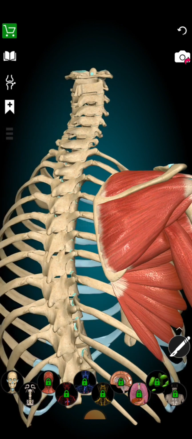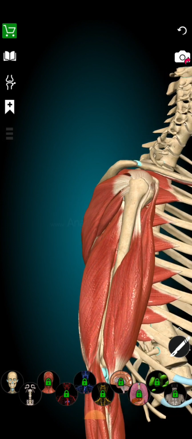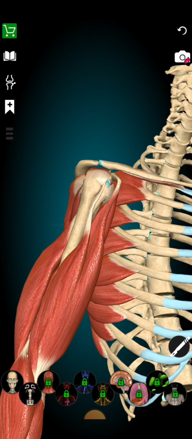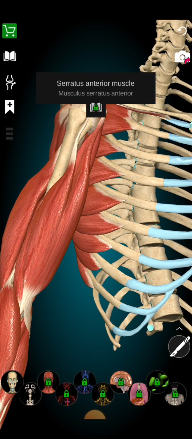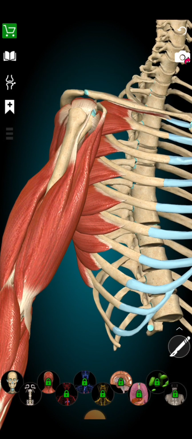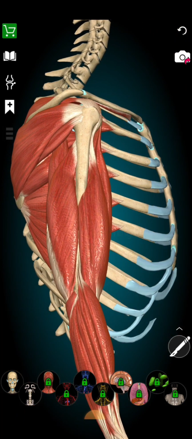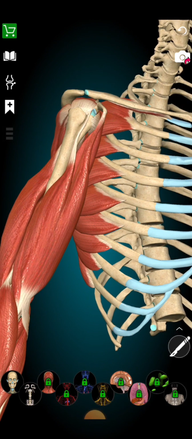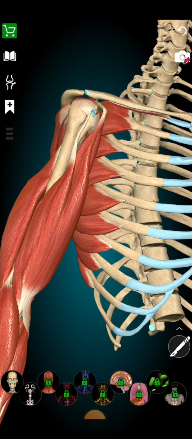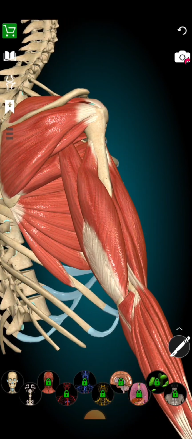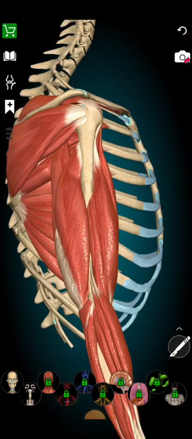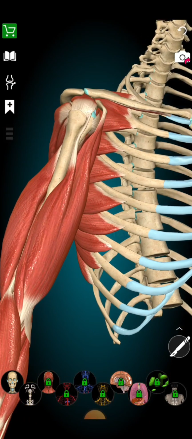So you can see covering that lateral aspect present here, and this is being supplied by the long thoracic nerve with root value C5, C6, C7, and it does the protraction of the scapula and holds your thoracic wall, and of course rotates your scapula, so it helps in protraction and retraction as well.